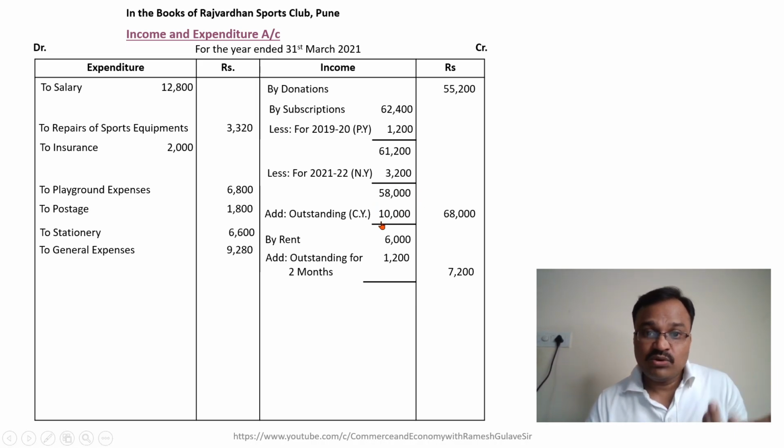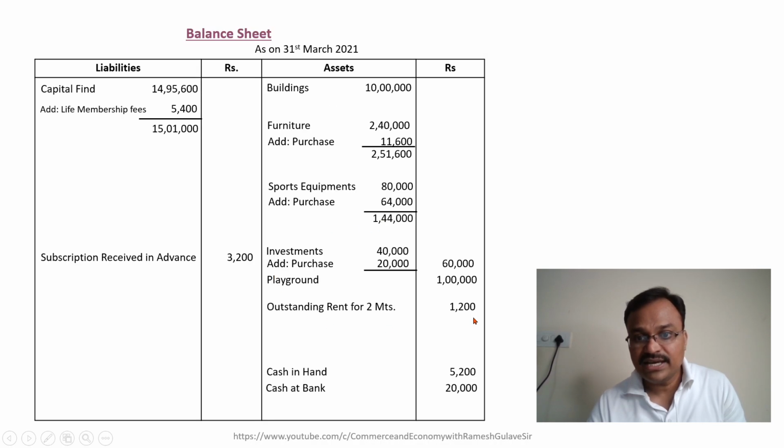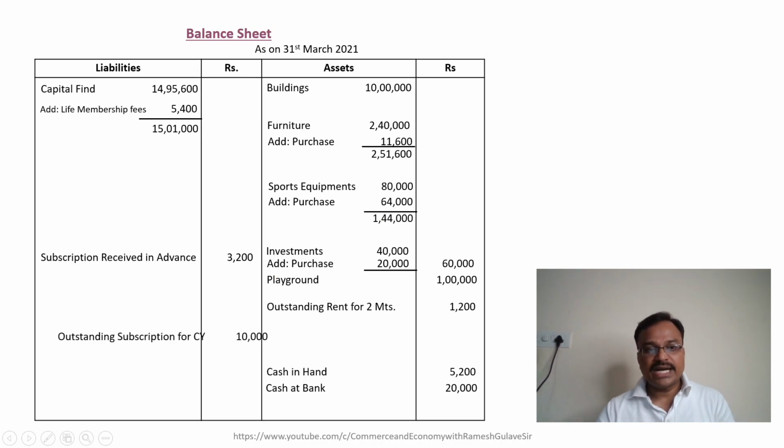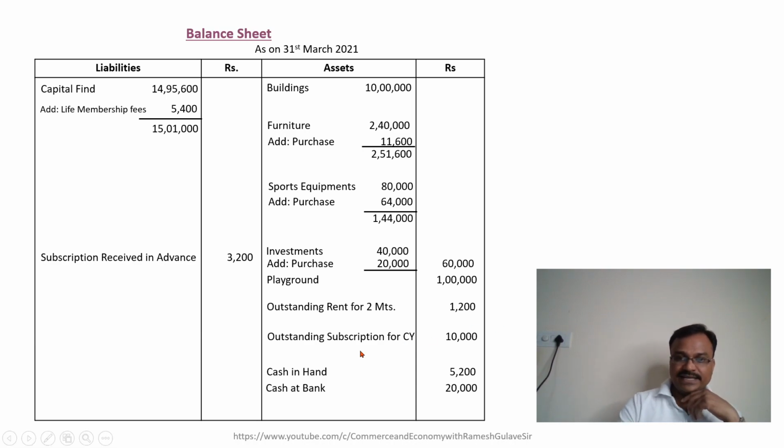Okay, as we are going to receive this in the future, the outstanding subscription for current year is recorded on the asset side. So the second effect of this outstanding subscription for current year is given on the asset side as outstanding subscription for current year 10,000.